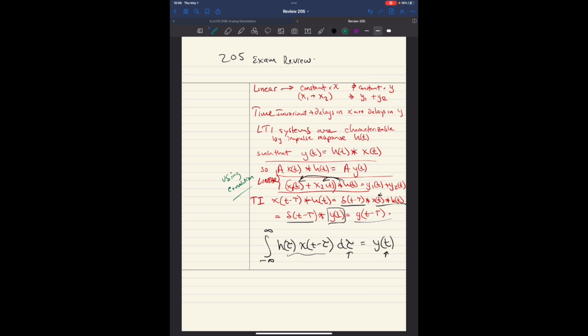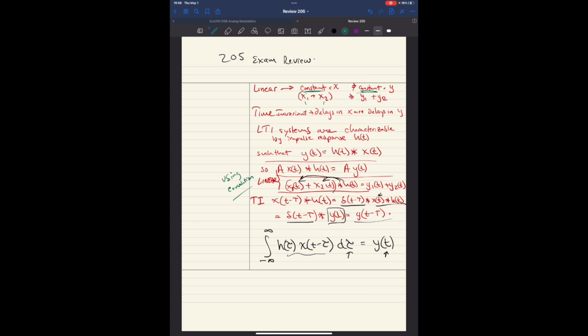For linear systems, they have two different important parts. Linear has to allow constants to sort of fly through the system. And if I add two different inputs, their output should be the sum as if I had put them in by themselves.